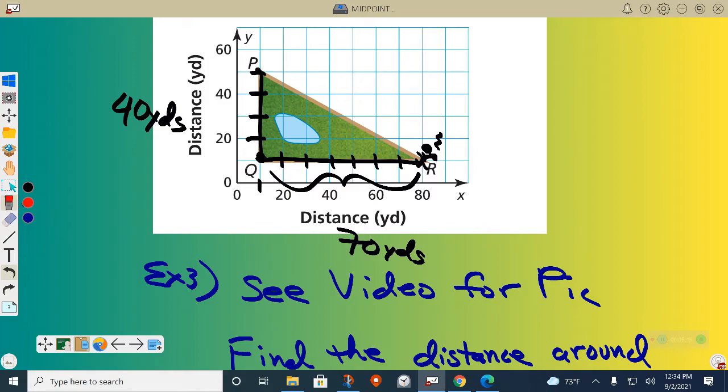Now I'm going to walk with my cup of coffee from point P to point R, right where I started. So I have to walk 70 yards with my coffee, then 40 more yards with my coffee, and then back to point R with my coffee if I want to walk around the park with my coffee.